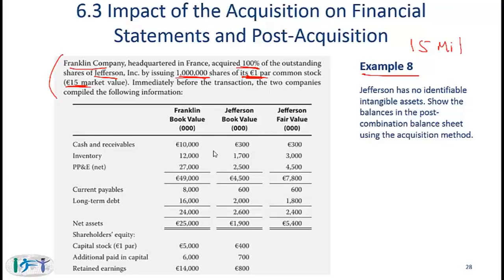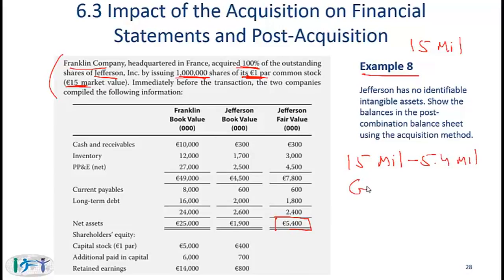The first thing that we should do here is figure out goodwill, and that is easy to do. Since we have 100% acquisition, we don't really worry about the difference between partial and full goodwill. The goodwill here simply will be 15 million, which is the amount paid, minus the fair value of net assets. The fair value of net assets is 5.4 million.